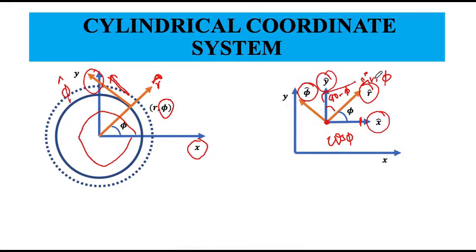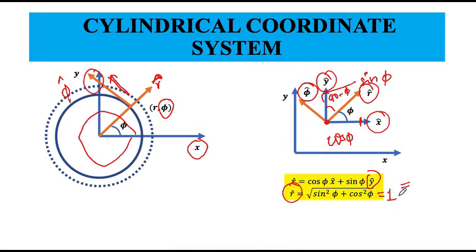So this is something times x hat plus something y hat. So this equation is expressed as cos phi x hat plus sin phi y hat. Okay, so what is the magnitude of r? The magnitude of r is 1.